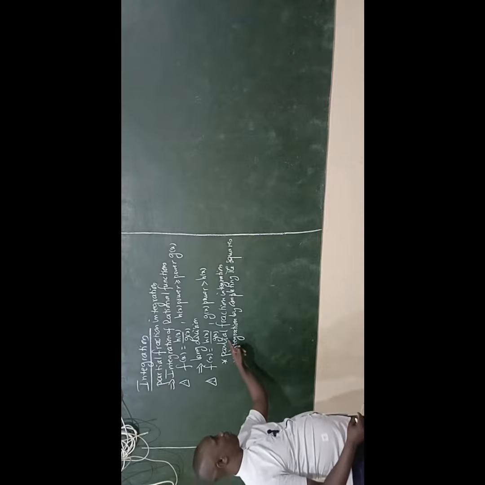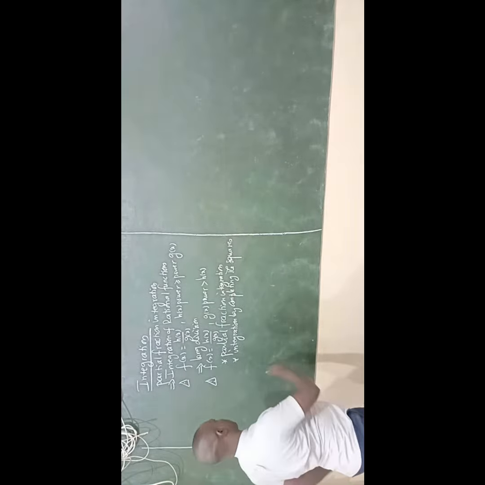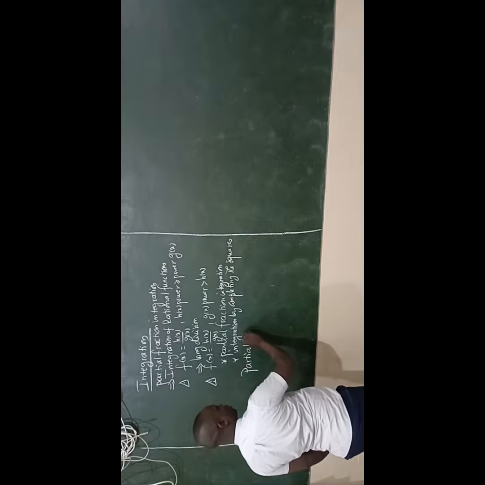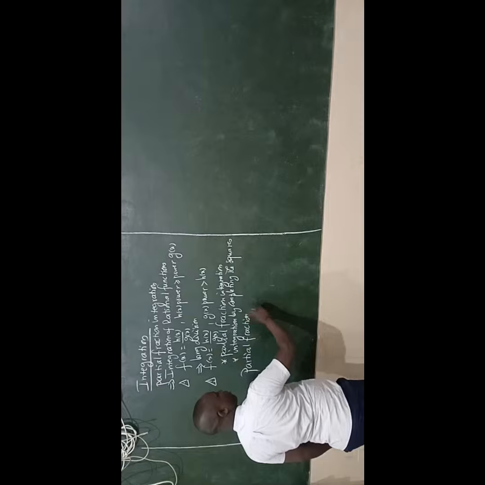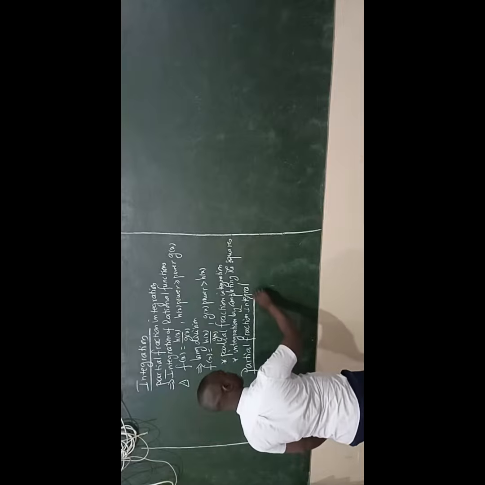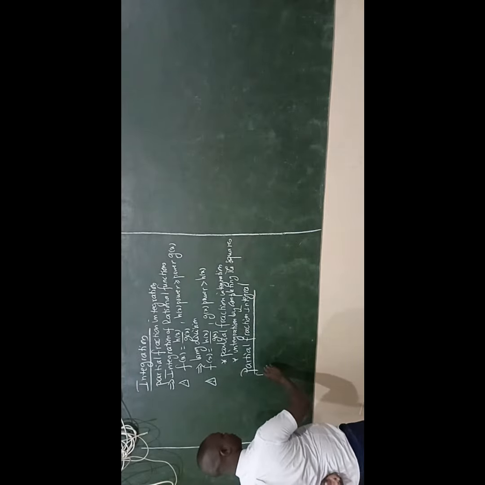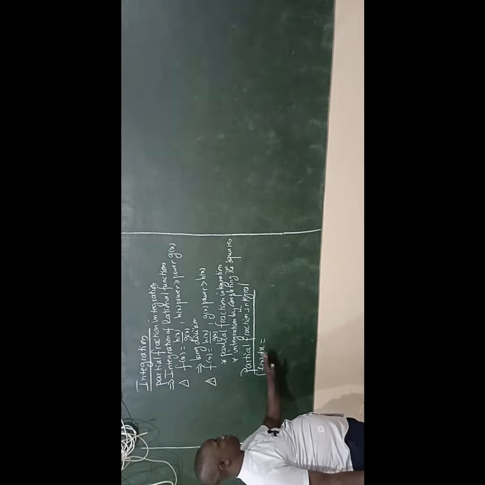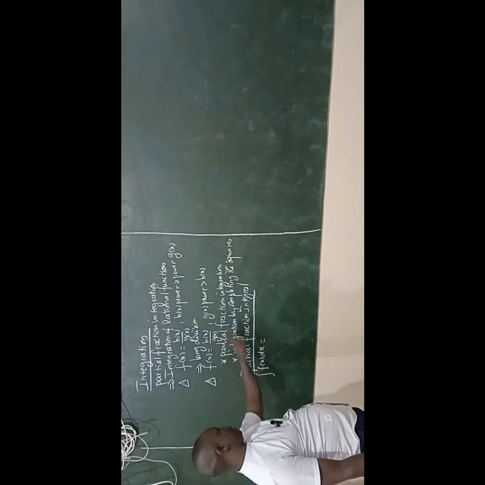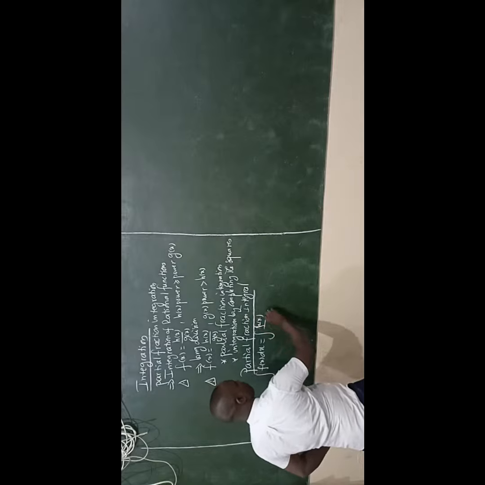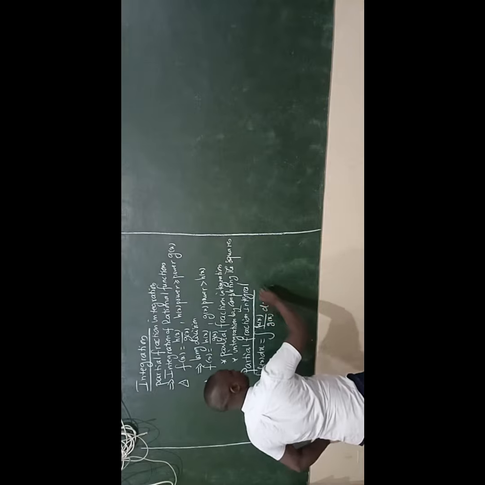Let's now start with the partial fraction integral. The integral of f(x) dx, where f(x) is the ratio of h(x) and g(x), is the integral of h(x) by g(x) dx.